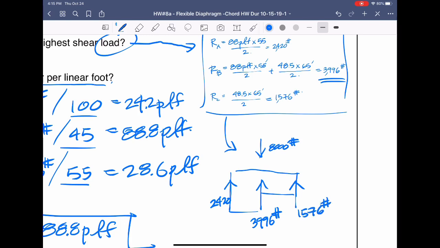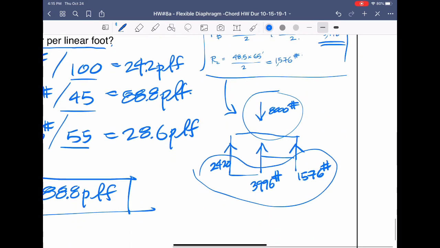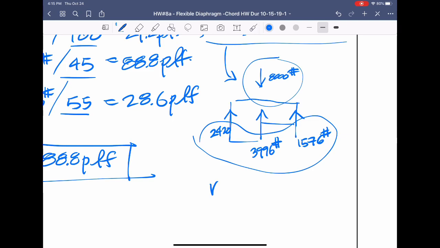Well, guess what? These three loads need to equal that, right? Static equilibrium. If we were to add them up, V prime is equal to 7,992 pounds. Okay, so we're off by some fractional amount, right? Usually if it's less than like 2%, we say it's okay. And that's well below 2%. So this is very similar to 8,000 pounds. So then we know that our distribution is on lock.